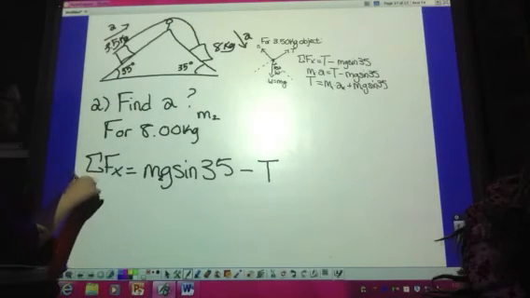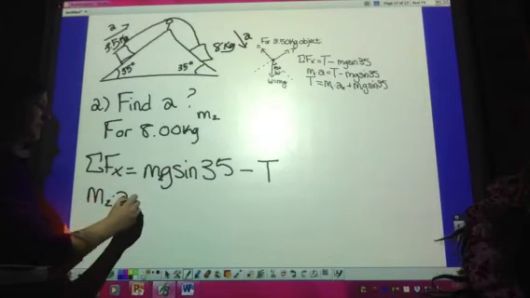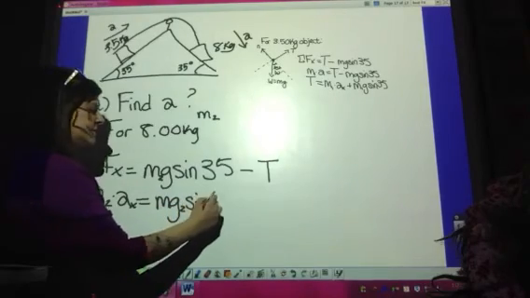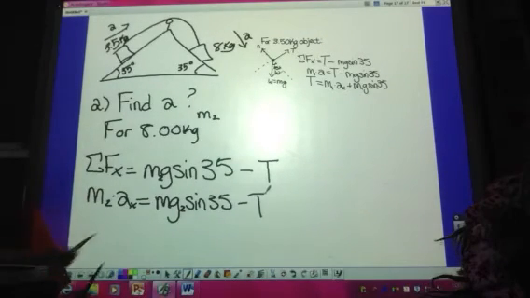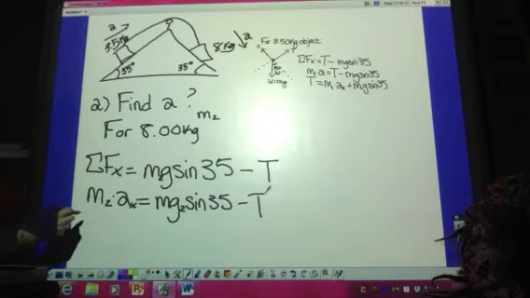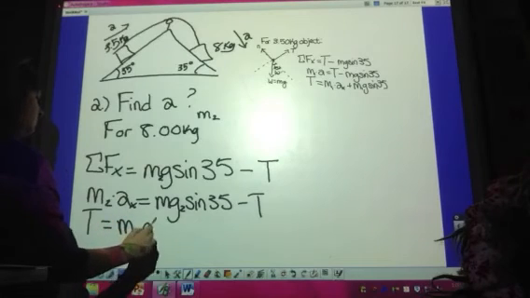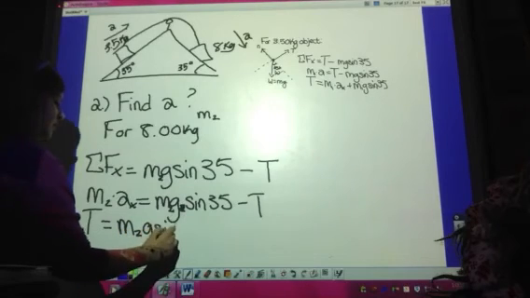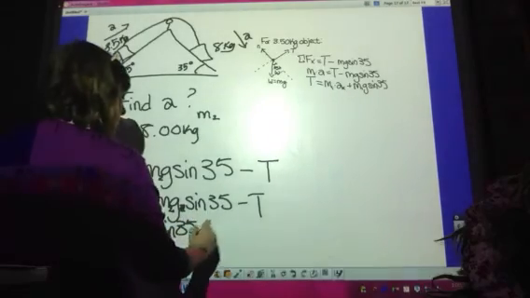And we know that this is accelerating, so this would be the mass of that second block, which is 8, times its acceleration in the x direction, equals m2 g sine 35 minus T. Okay, well now I just want to have this equal to T. So let's do that as well. If I do that, I would get tension equals m2 g sine 35 minus m2 times ax.